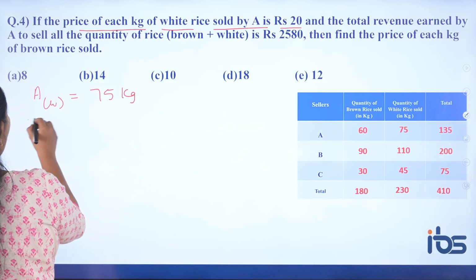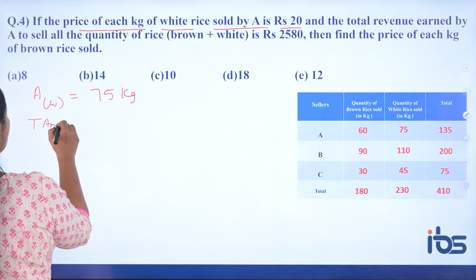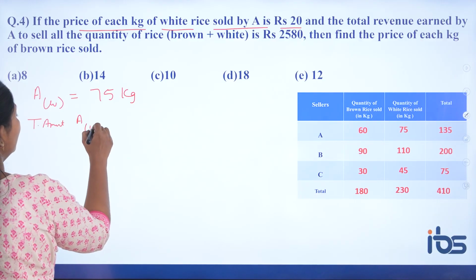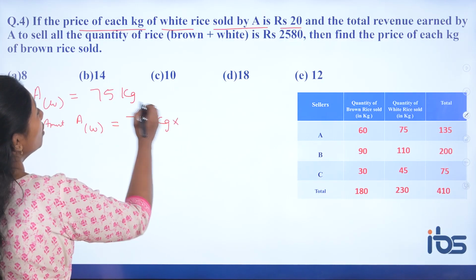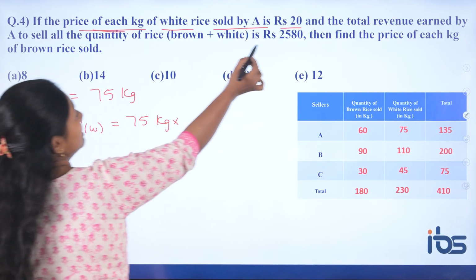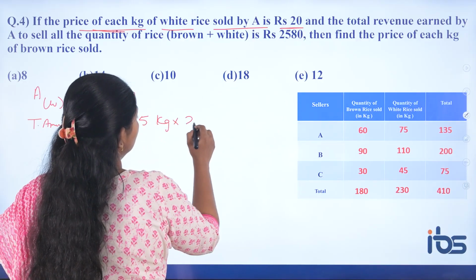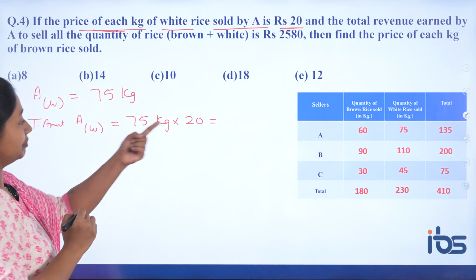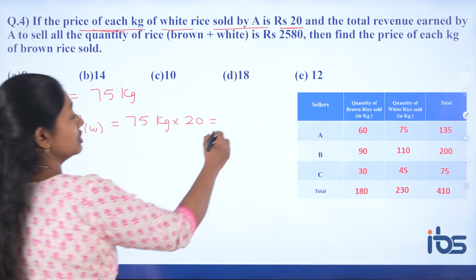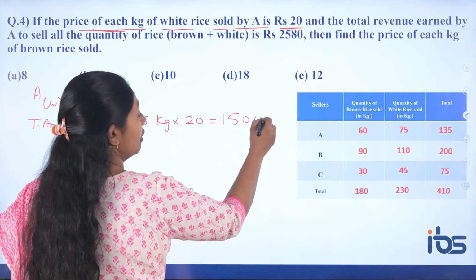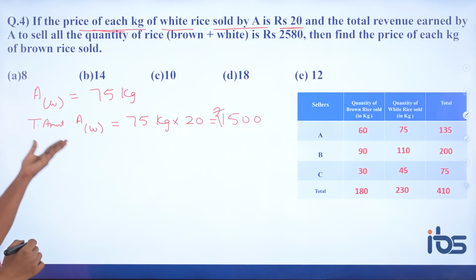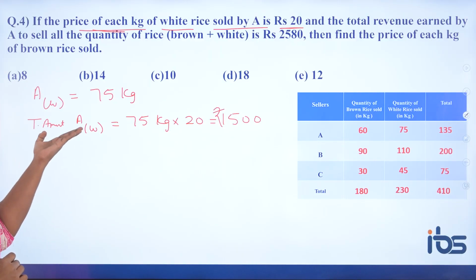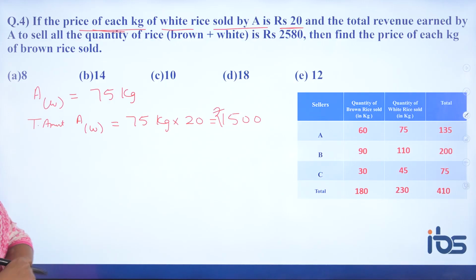So the total amount for A's white rice is 75 kg into the price of each kg, rupees 20. So how much are you getting? 1500 rupees. So A seller's total white rice revenue is 1500.